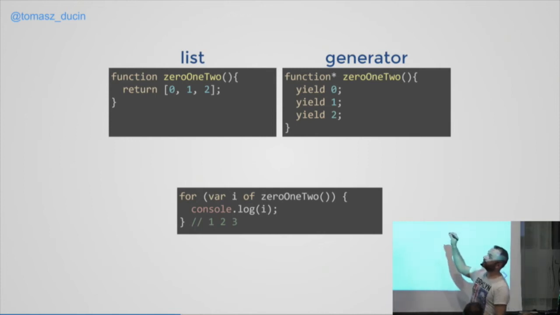So basically, I can do the same things, but within arrays, I have to allocate the entire thing in memory, right? In this case, it's not a problem, but if I was doing Node.js processing and I had, let's say, 3 million, 5 million items, it would be pretty much memory consuming, right? So here, I just consume this one value that I need at a time.